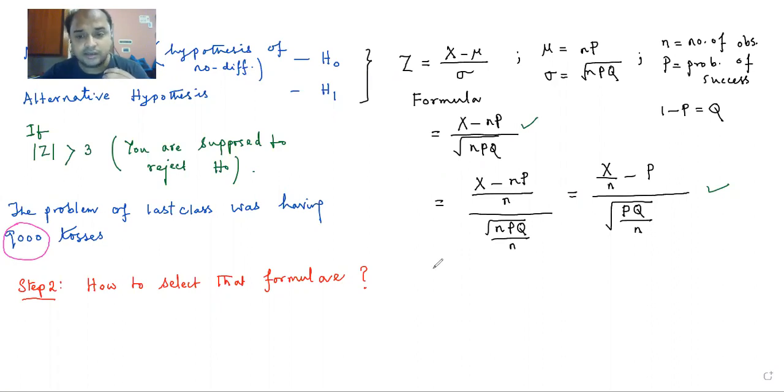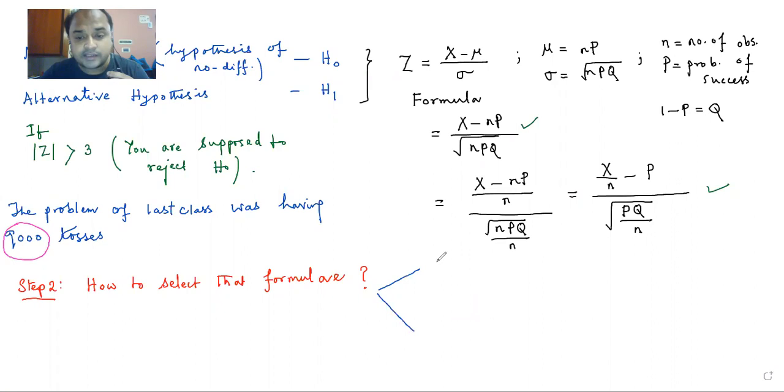The first reason is that we look at the size of the sample, the size of the observation. If the size of the observation is large, we use a large sample test. If the size of the sample is small, we use a small sample test. So there are actually two categories.